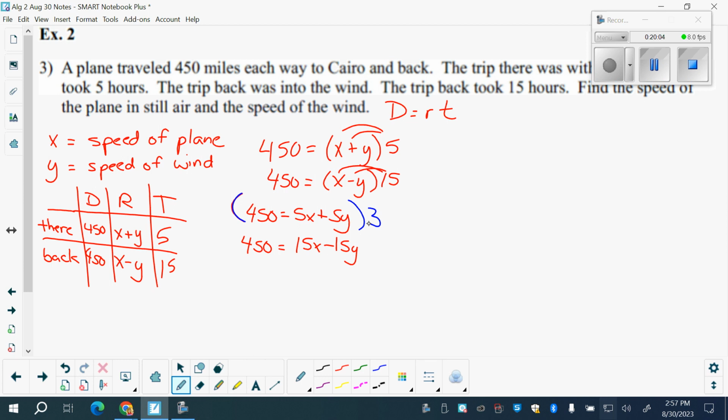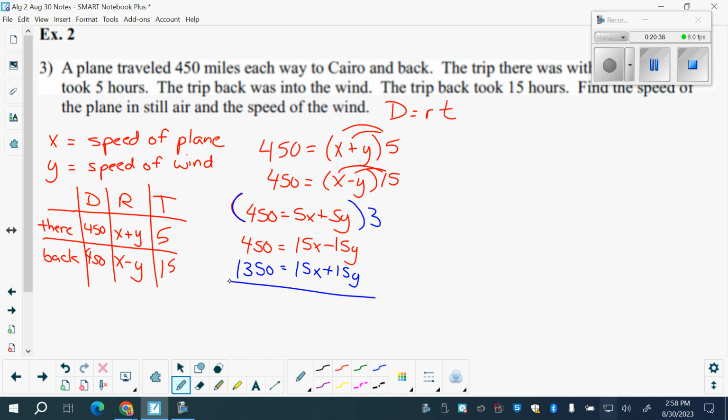So 450 times 3, 1350 equals 15x plus 15y, just distributing that 3 there. Does that make sense? And then what do we do next? These are so good.